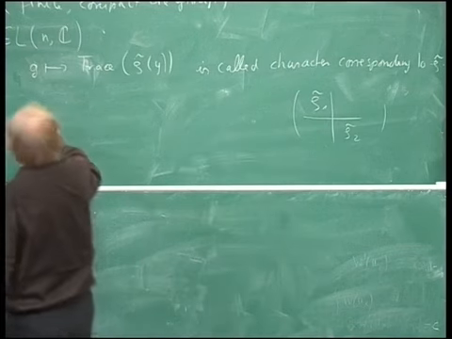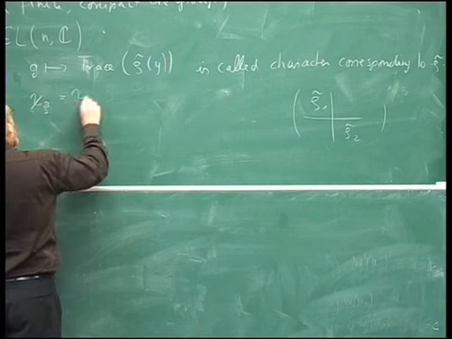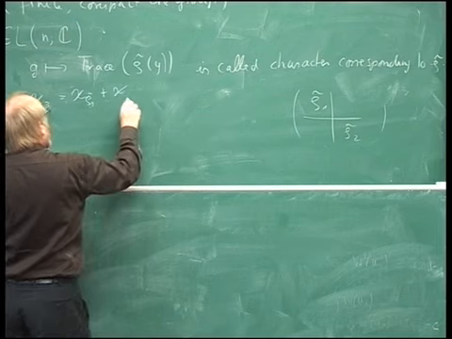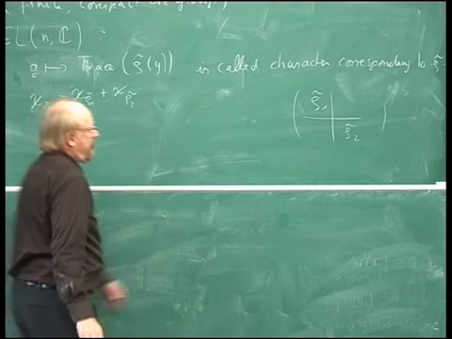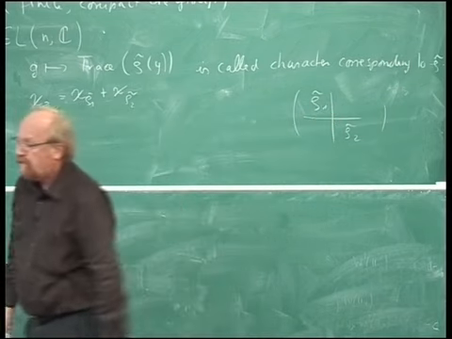Then the character of rho tilde is the character of rho 1 tilde plus the character of rho 2 tilde. And I think looking at this picture, this is quite clear.